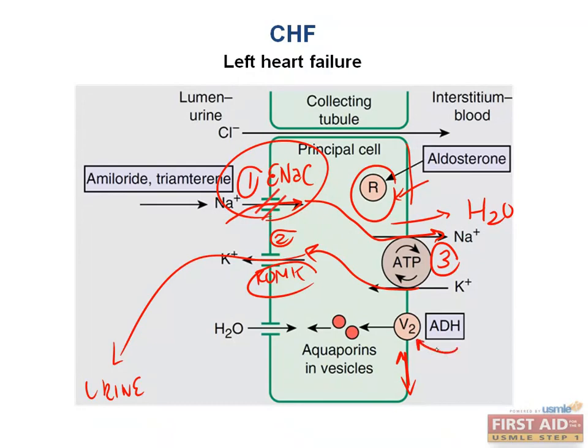And remember, ADH puts in these aquaporin channels by stimulating the V2 receptor so that we increase the absorption of water, and water will follow sodium. Great mechanism to have an increase in volume, but not if you're chronically activating it. If you chronically activate it, it leads to deleterious consequences in the long term.